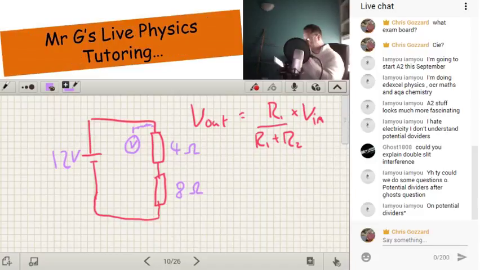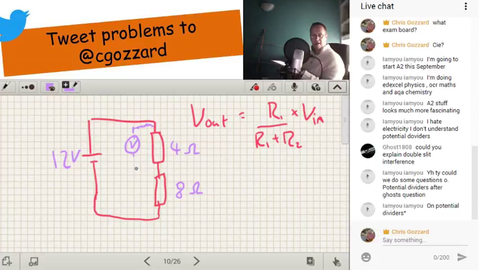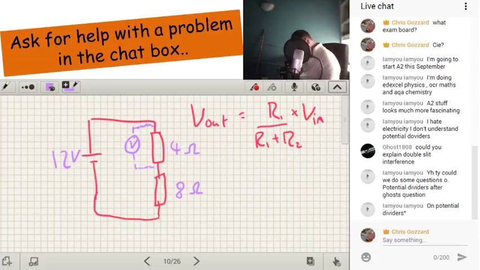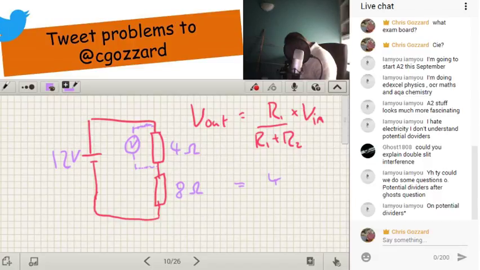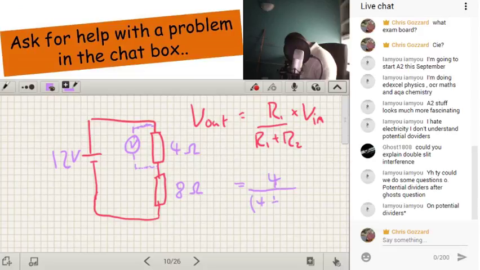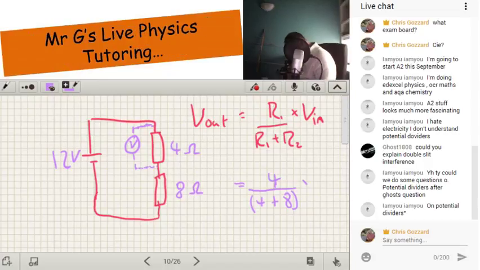Come on, mega lag. So if I want to know what the voltage out would be, in my equation I'm going to do R1, which happens to be 4. So 4 divided by brackets 4 plus 8, and then times that by 12.